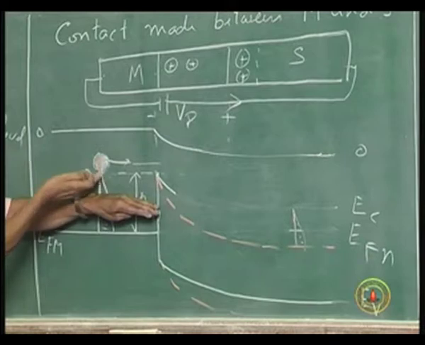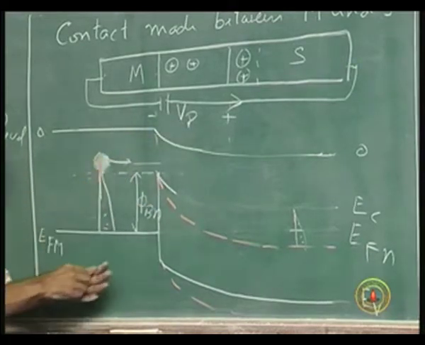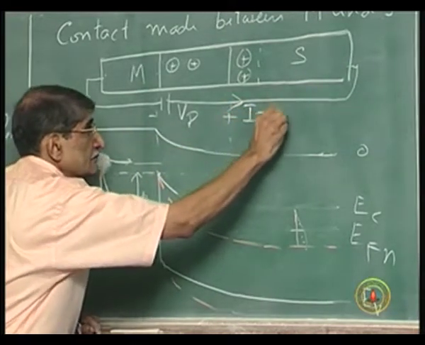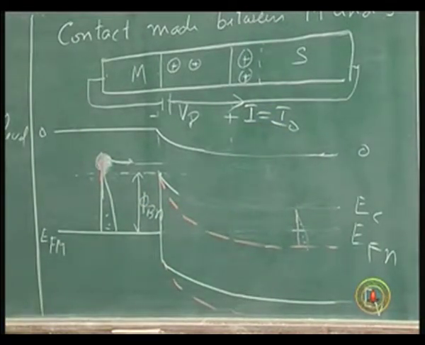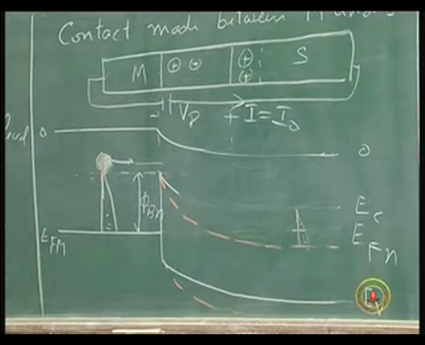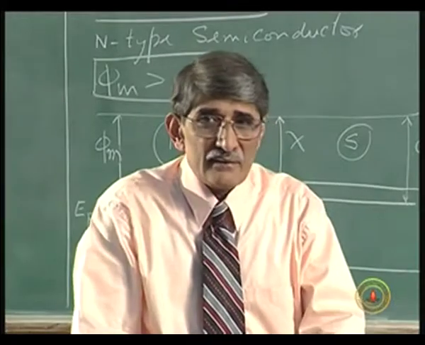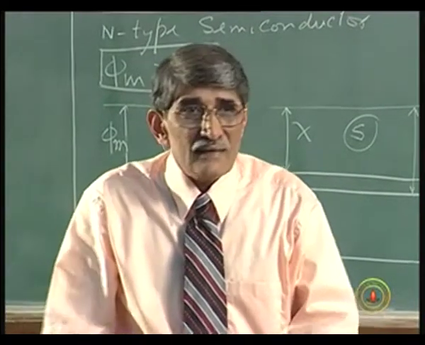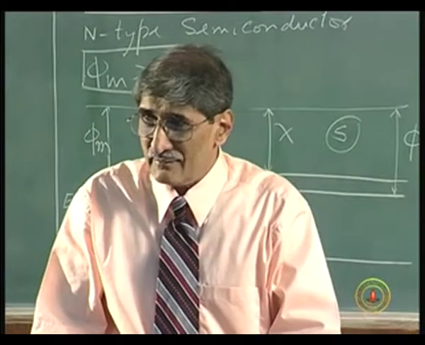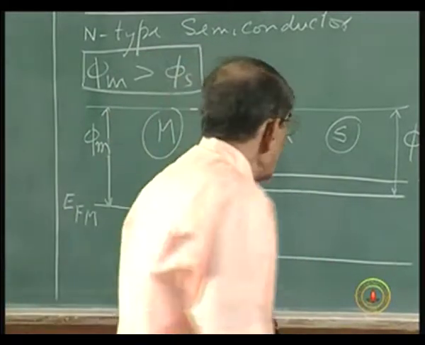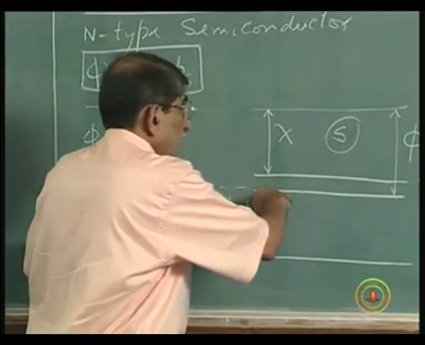So if the barrier is smaller, I naught will be more; this I equal to I naught in this case will be more if the barrier is less. That means if the barrier is less, the reverse leakage current will be large. Smaller the barrier, larger the reverse leakage current. The larger the reverse leakage current, the closer it will be to the ohmic contact. So that is the key.